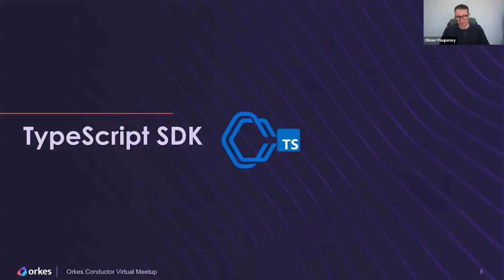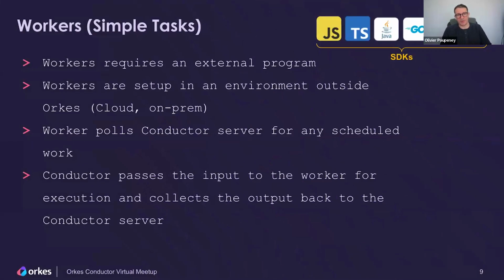As you may know, especially when we do orchestration, one task that is pretty good in the sense that it helps you to do whatever you want is what we call a simple task, but it's mainly called workers. When you define a worker task in your orchestration, it requires an external program to run.